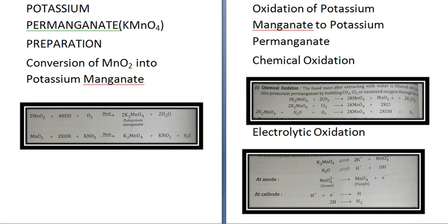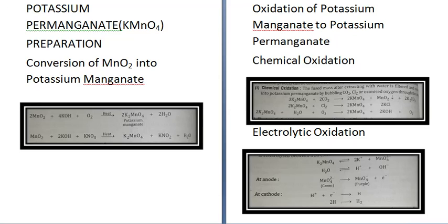First is conversion of MnO2 into potassium manganate. Potassium manganate formula is K2MnO4. The finely powdered pyrolusite ore is fused with KOH or K2CO3 in presence of oxygen, or an oxidizing agent like KNO3.